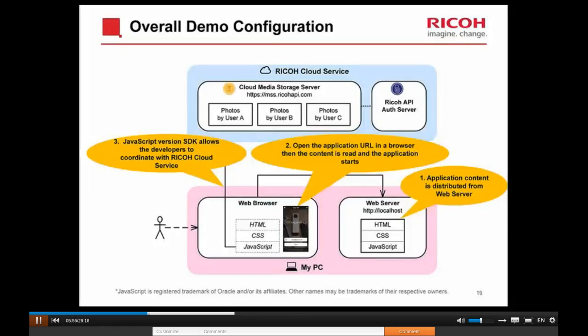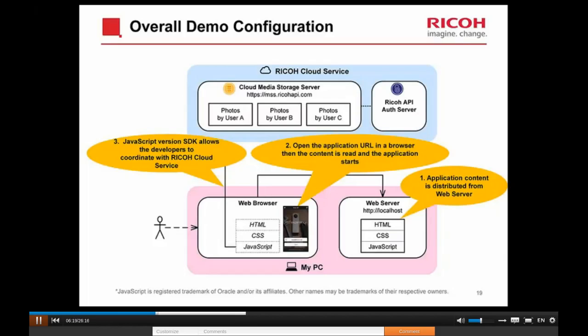When I start the browser and access the localhost URL, the application content is loaded into the browser, and the application starts. In addition, in this configuration, the loaded JavaScript uses our SDK, which coordinates with the cloud service to execute various functions such as obtaining images or a list of images.